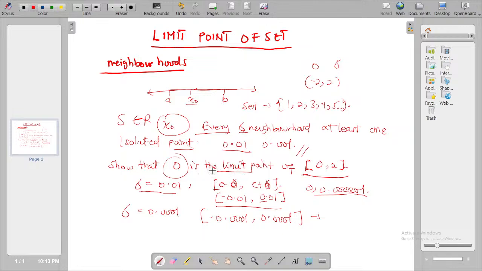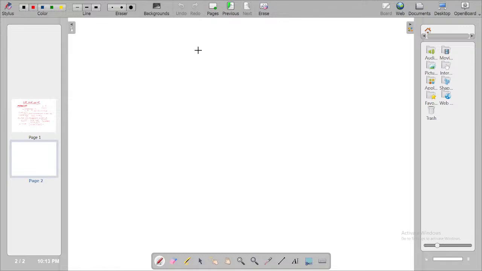So now let's see some brief properties of limit points. We have some special sets in which limit points do not exist and some where they do exist.